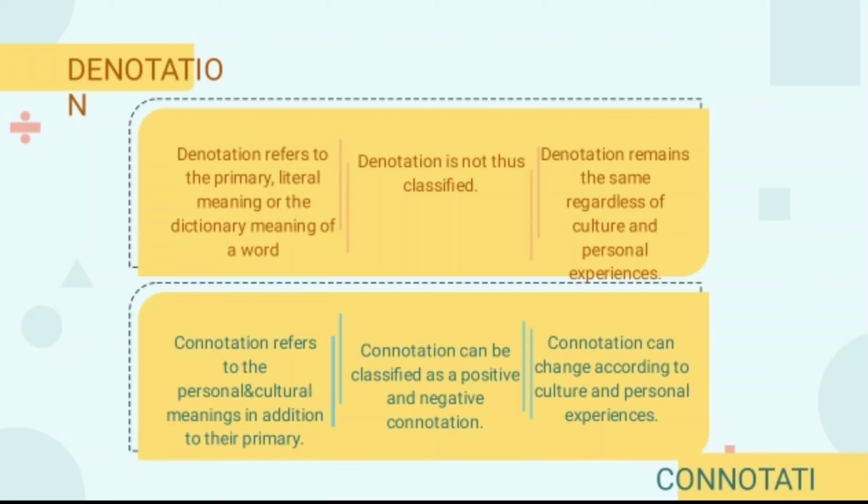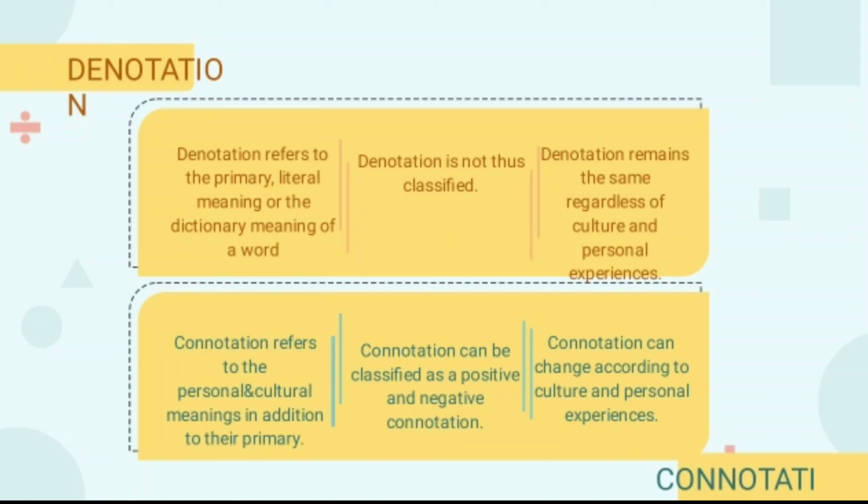The second point is that denotation is not classified, while connotation can be classified as positive and negative connotation. And the last point is that denotation remains the same regardless of culture and personal experiences, while connotation can change according to culture and personal experiences.